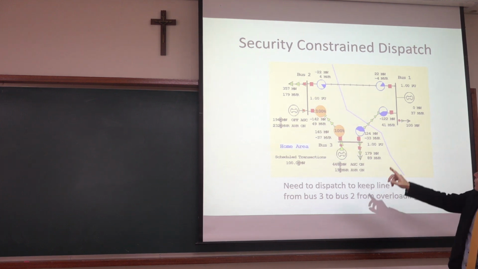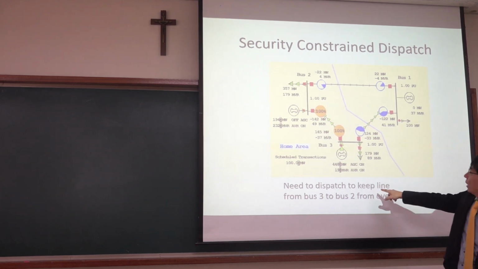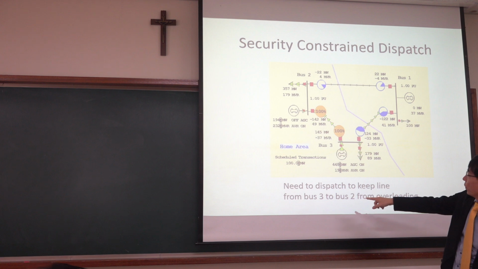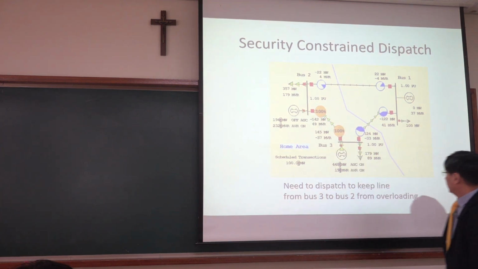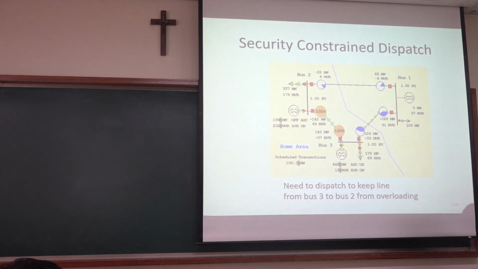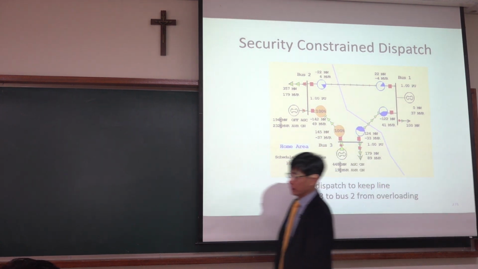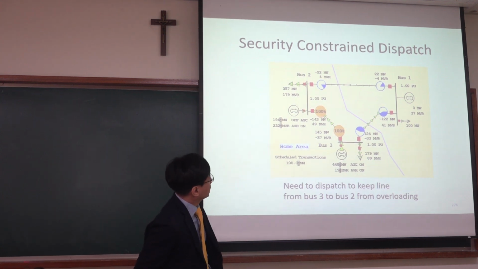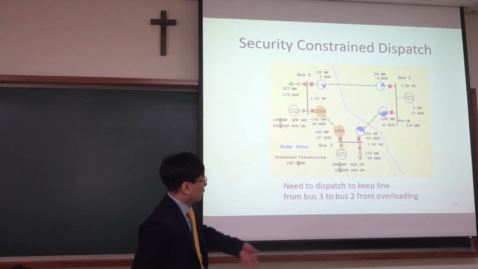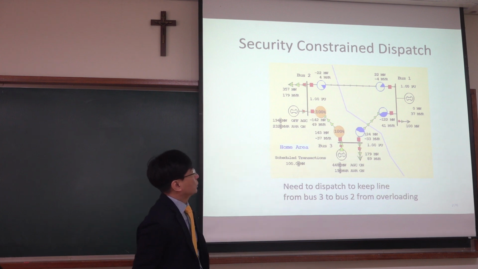So we need to keep this line from bus 3 to bus 2 from overloading. Yeah, so now we have this additional constraint in economic dispatch. So that is security constraint economic dispatch.